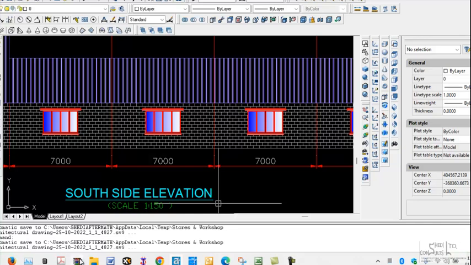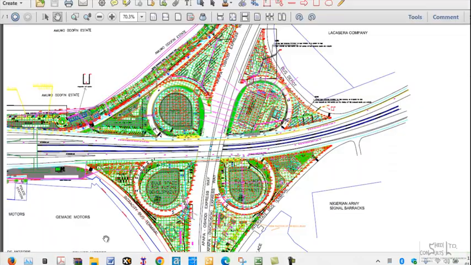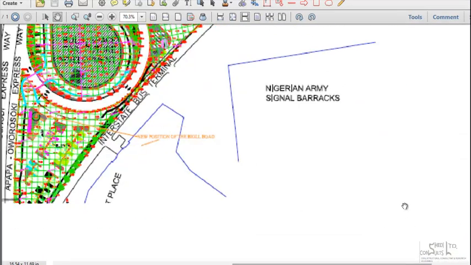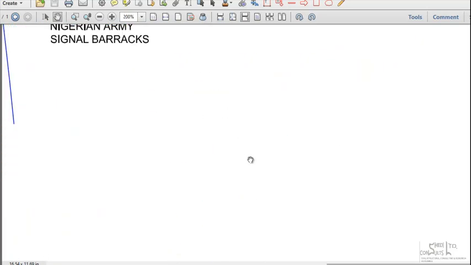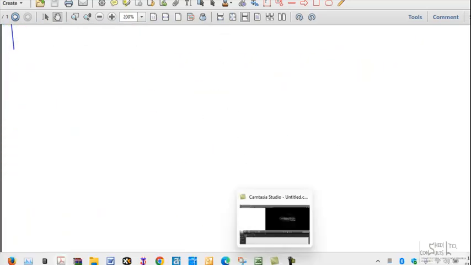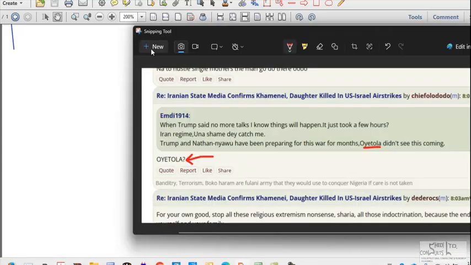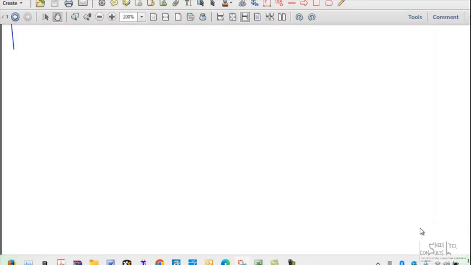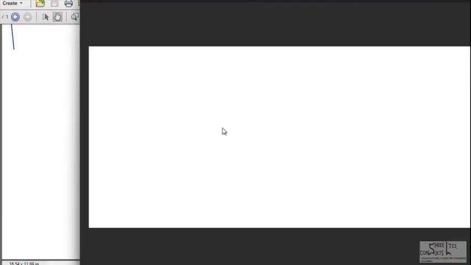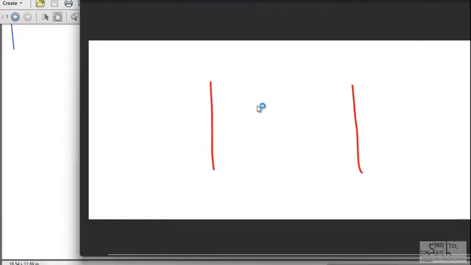So let me do a little illustration. Right, so if you have, that's a bay, this is a bay, and then you have other bays continuing. Let me draw a continuous line.